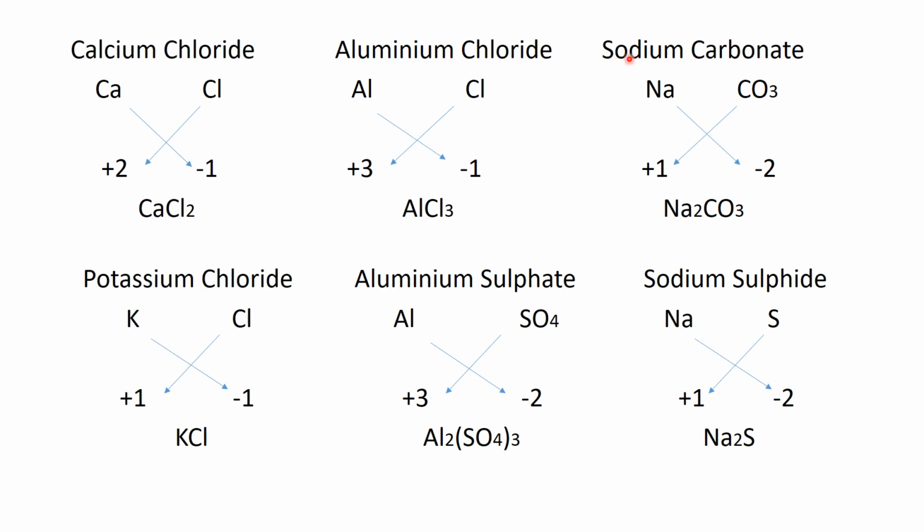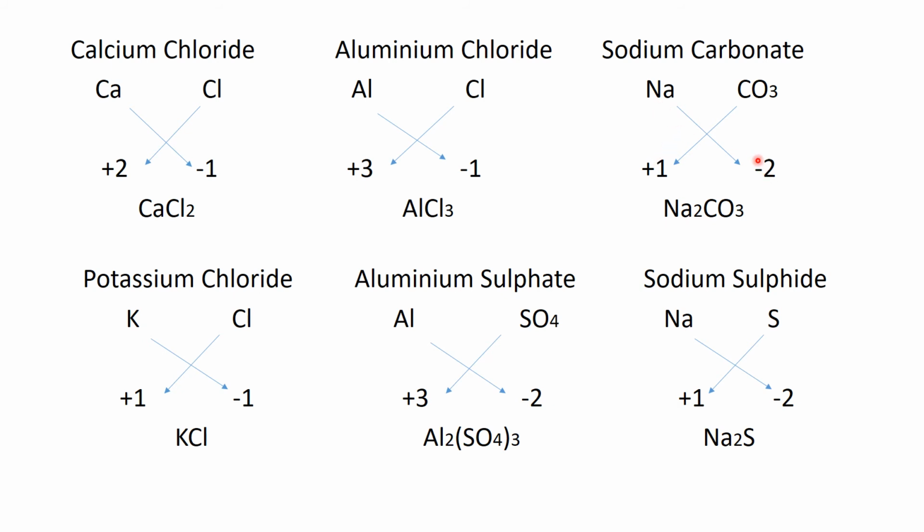Next, sodium carbonate. Write again the element symbol, sodium Na, and carbonate is a polyatomic ion. Its formula is CO3. Its valency is -2, so write down -2 below it, and for sodium +1 you can write here.